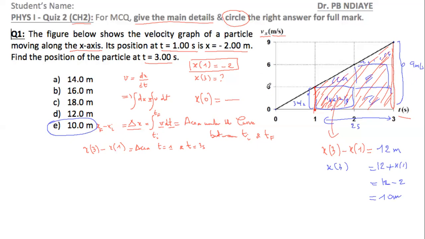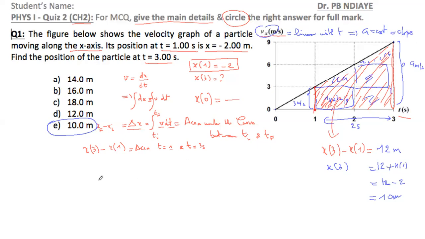Another way to solve it is we are seeing that v is linear with time. v linear in time means the acceleration is constant. a is constant. Okay. So what's the acceleration? It's the slope of v versus t. The slope of this line, you can calculate it.